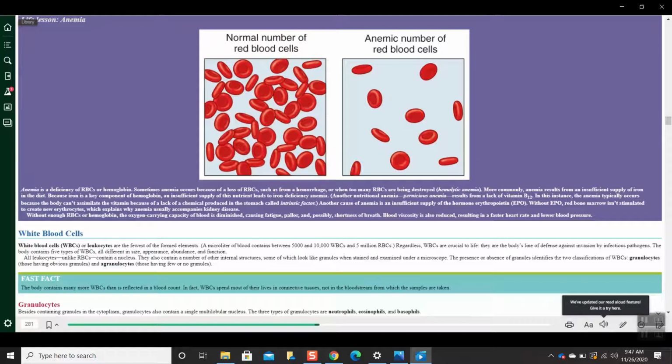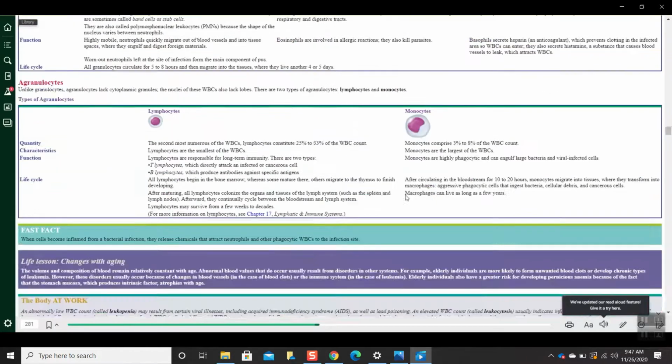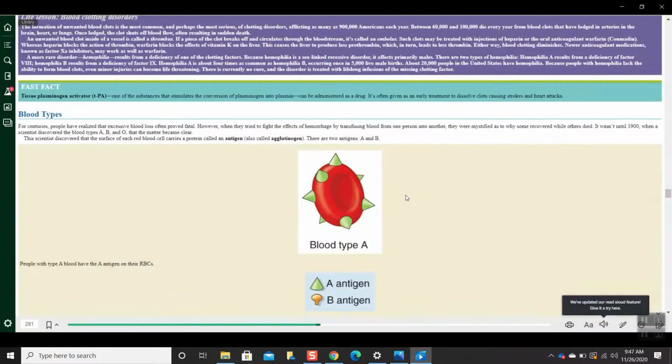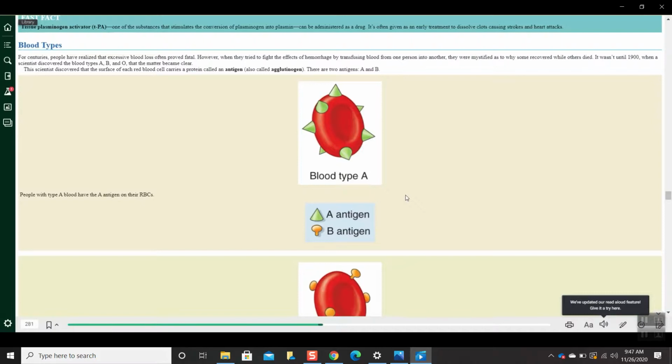The next thing we're going to talk about is blood types. With blood types, you want to make sure that you know the antigens and the antibodies. The antigen is what is on the actual red blood cell.